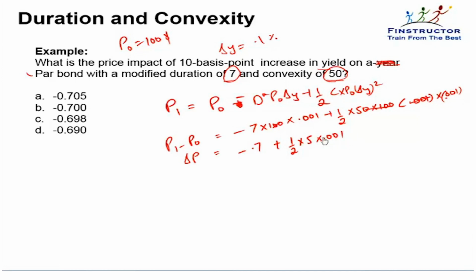So it will be equal to minus 0.7 plus 2.5 times 0.001, or 0.0025. We'll use the calculator after that, because there's no points for mental maths. Whenever unsure, just simply use the calculator.